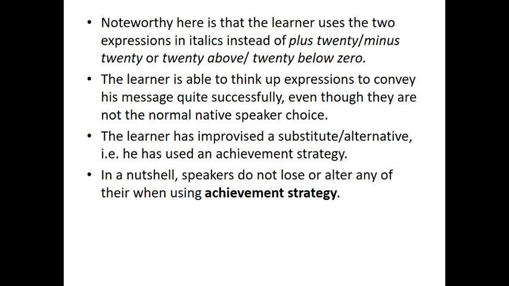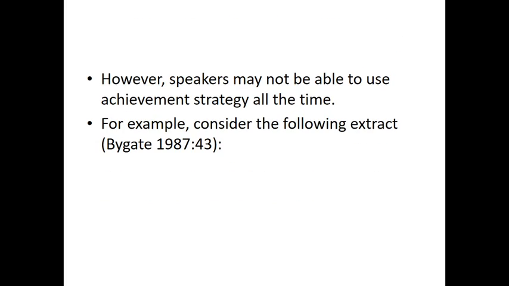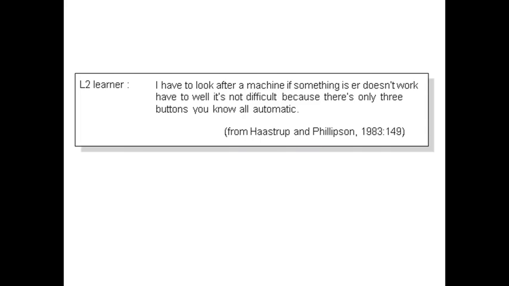And I think the second language learners at the beginning, my personal opinion is, should be allowed to do that because that's how they try to master the language as time goes. So they may not use the achievement strategy all the time. The example is this.